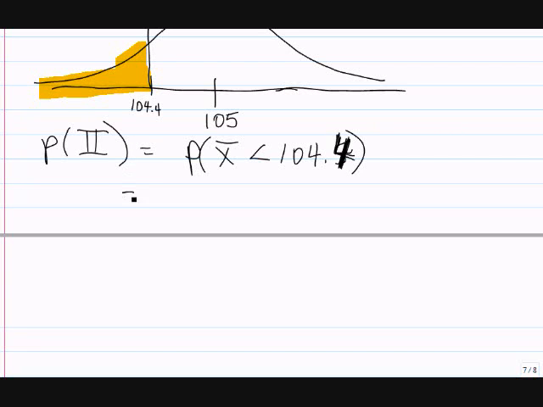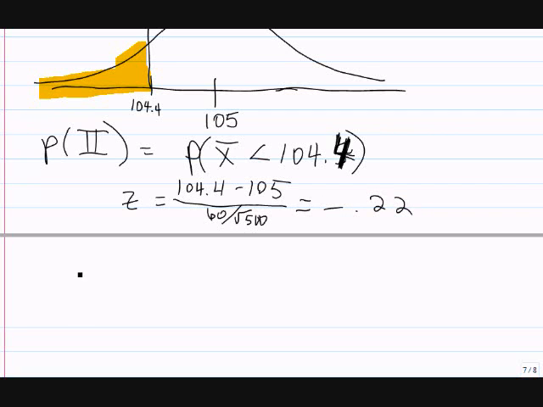So let me get a z for 104.4, using this new hypothesized population mean, using my same standard deviation, my same sample size. I get a z of, I know I got it here somewhere, negative 0.22.